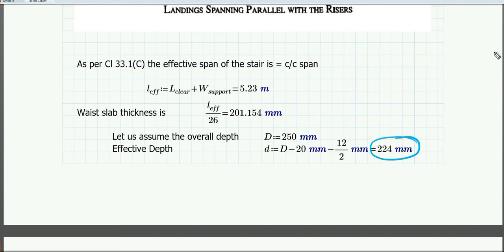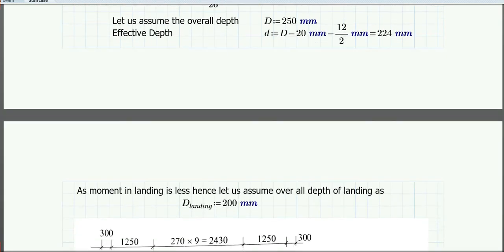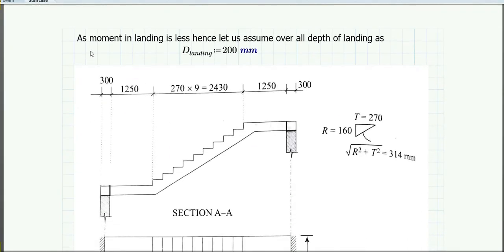One thing I will discuss later. Let's see the moment in the landing beam. This is the waist slab, and the thickness we have assumed is 250 mm. You can see that all our loading is maximum in the going portion, and in the landing portion the moments are very less.